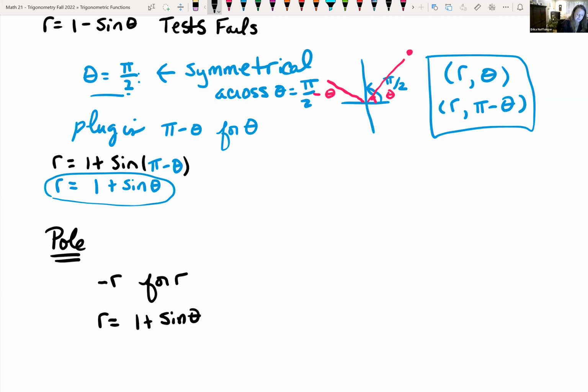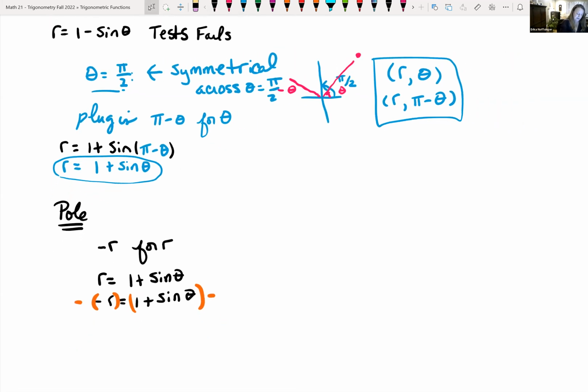If I plug in negative r for r, and I solve for r by multiplying each side of my equation by negative 1 to get r by itself, that's not going to give me the same thing. I'm going to get r is equal to negative 1 minus sine of theta. We normally don't put the negative on that side. Okay, so this test fails.